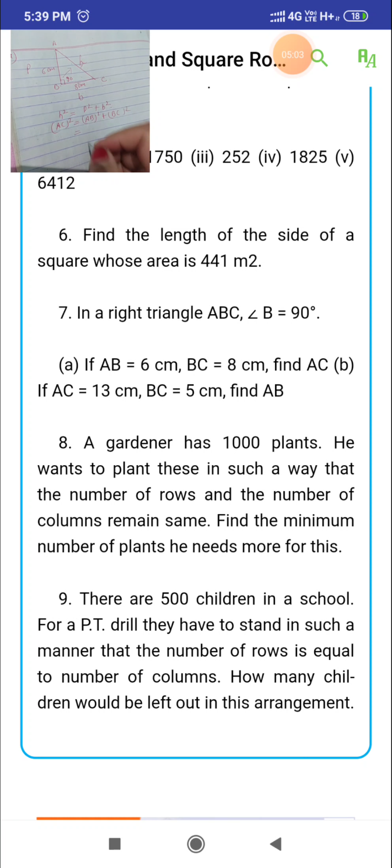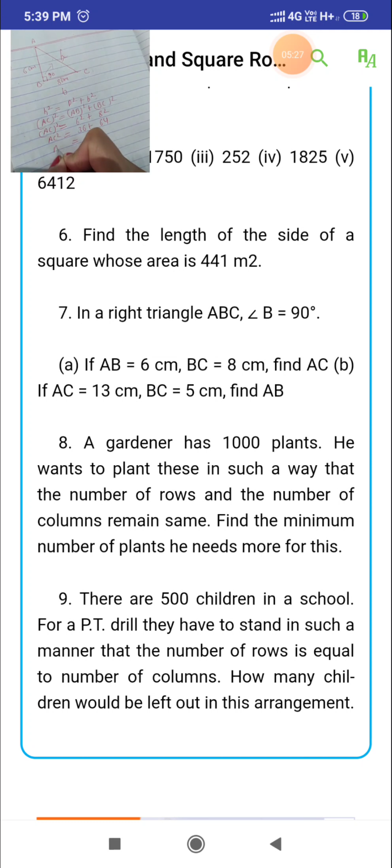Now put values according to their sides. On the left side we have AC square, and on the right side we have 6 square plus 8 square. 6 square is 36, 8 square is 64, and their sum is 100.